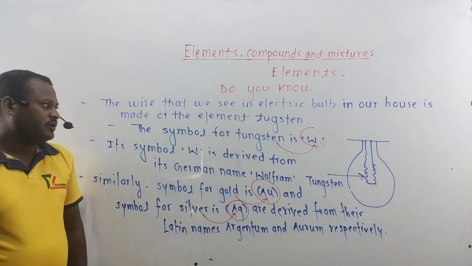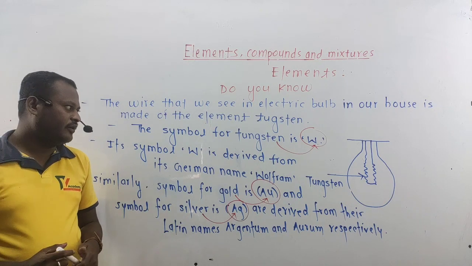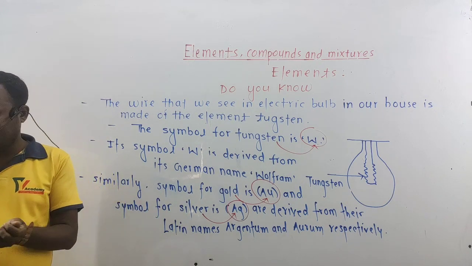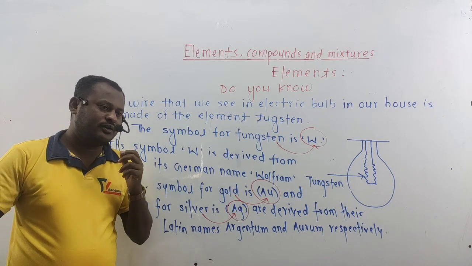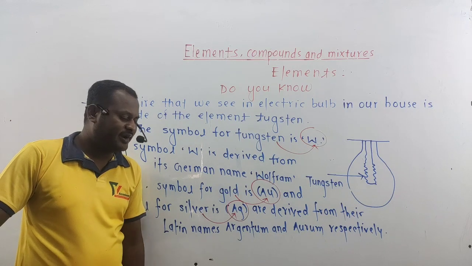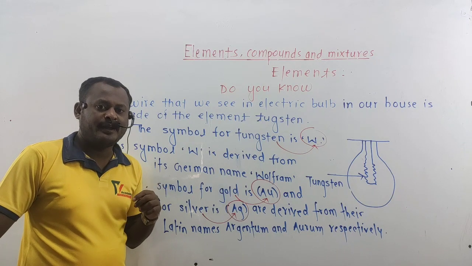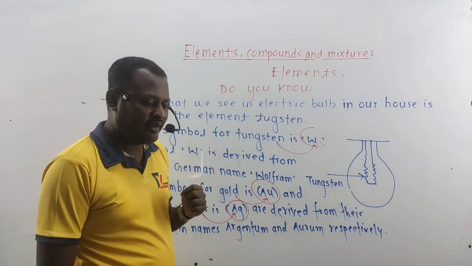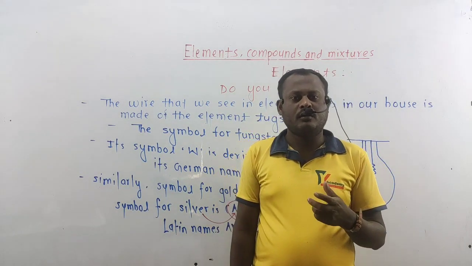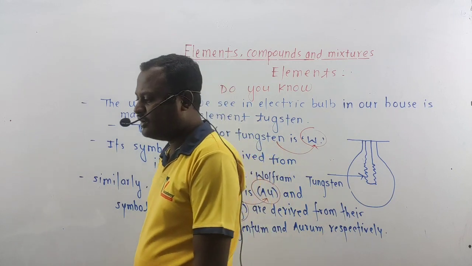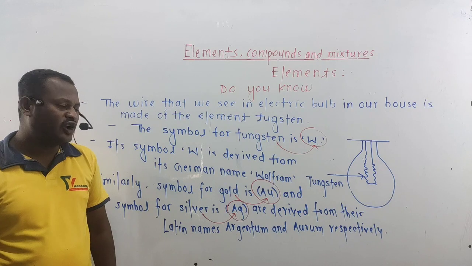And one thing: the element tungsten has a very high melting point, around 3400 degrees Celsius. That's why when electricity flows through the tungsten wire, very high temperature is produced, and at that temperature the coil or wire will not melt.